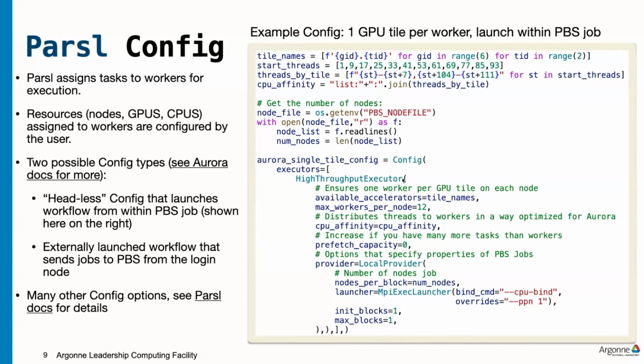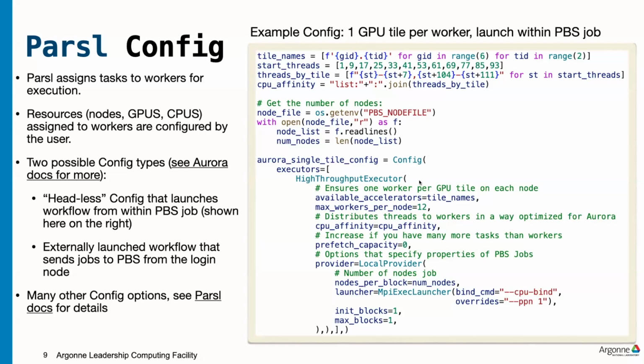What you need to include is some description of how you're going to scale your workers. We often recommend that people use the high throughput executor for cases where you want to run maybe one worker per GPU or GPU tile. In this example config, we're running one worker per tile.